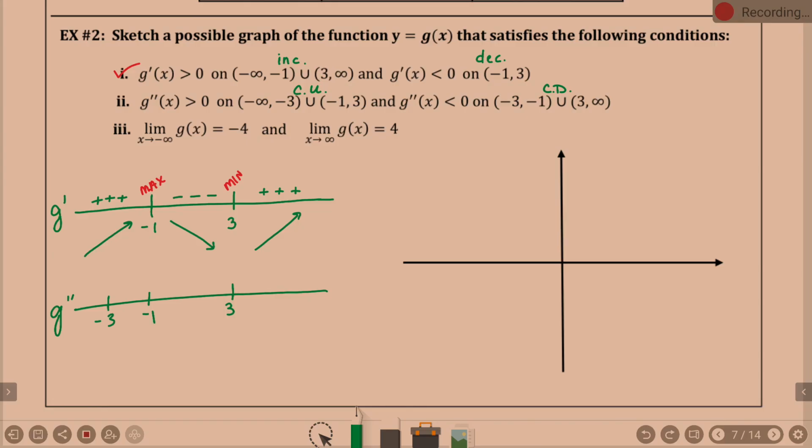So -infinity to -3 is positive. -3 to -1 was negative. -1 to 3, positive. 3 to infinity, negative. And we talked about second derivative means concavity. So this is concave up, concave down, concave up, concave down.